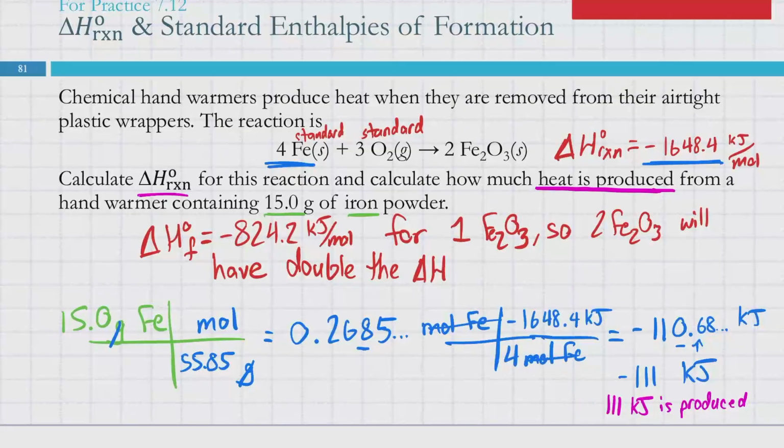Questions about any of the other parts? Yes? So let's say we're working with oxygen instead. So basically the standard heat of reaction is per mole of the reaction? Yes, per mole coefficients of the reaction. So 3 moles of O2 in would also produce this amount of heat. 2 moles of iron oxide produced would also generate this amount of heat.